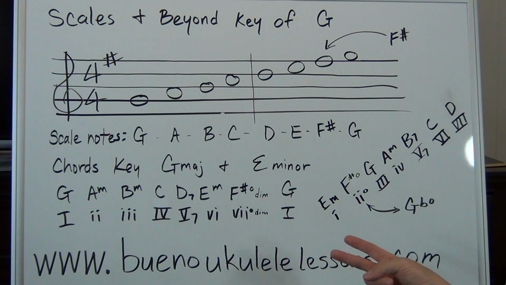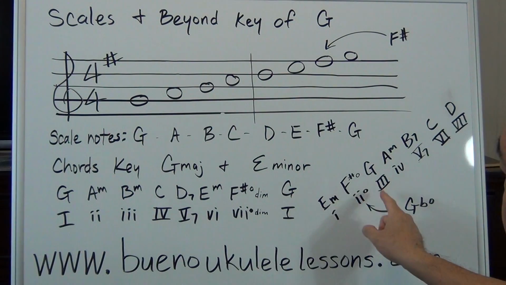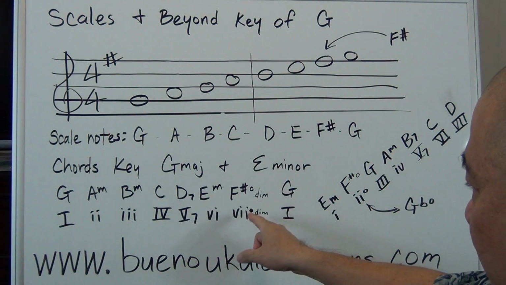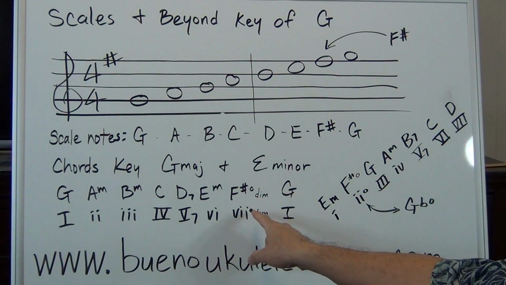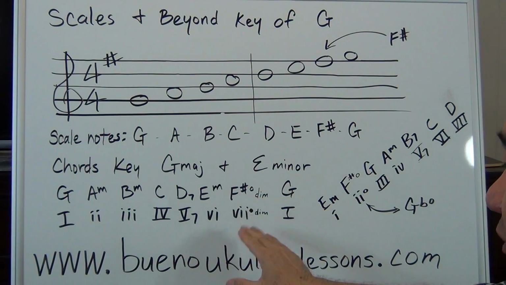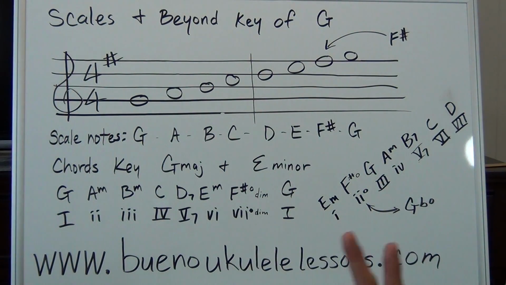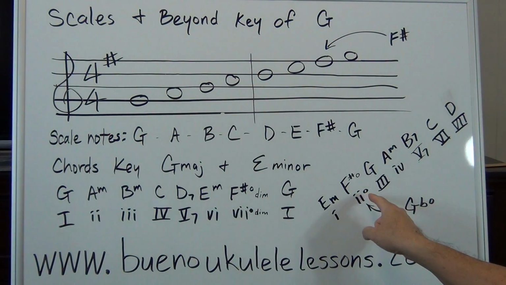Next is the 2. You need a 2 chord in this key. If we look where the F sharp is, it's right there. It's a diminished. It's the 7th chord in the other key, but the main thing we want to remember is that we cannot change the name of it. So it's a 2 diminished F sharp. Next we need a 3 chord. Here it is right here.